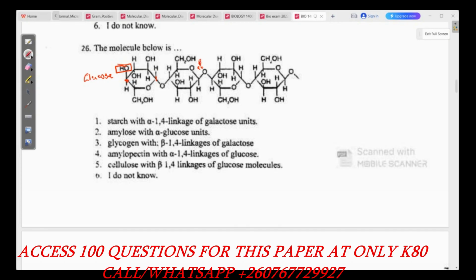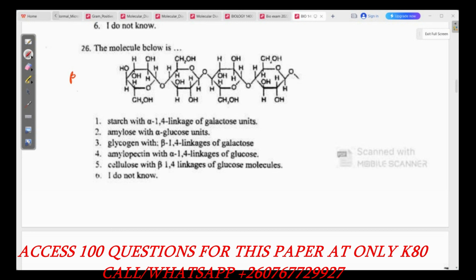Then it will be beta glucose because it's above. This one will also be beta glucose. So the polysaccharide is made up of beta glucose molecules in a way that the incoming monomer has to change upside down.